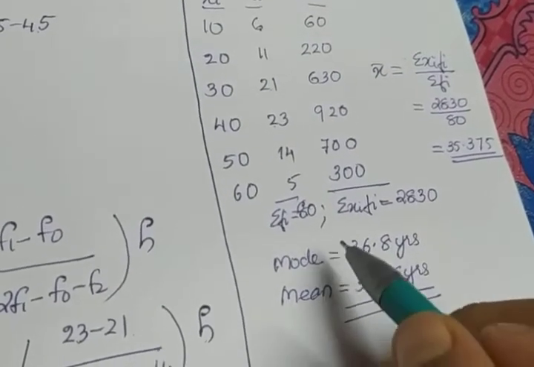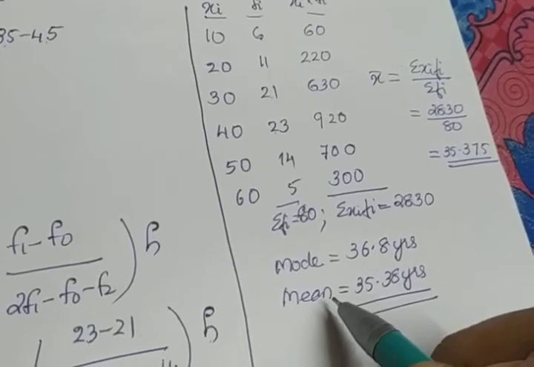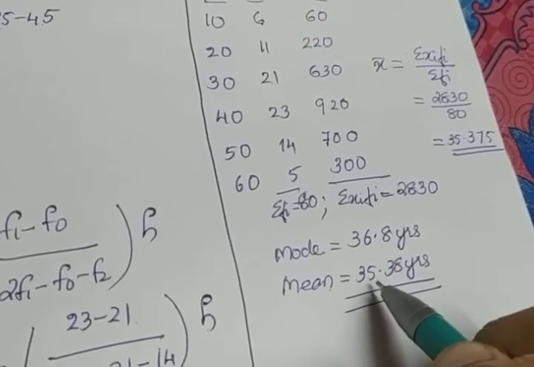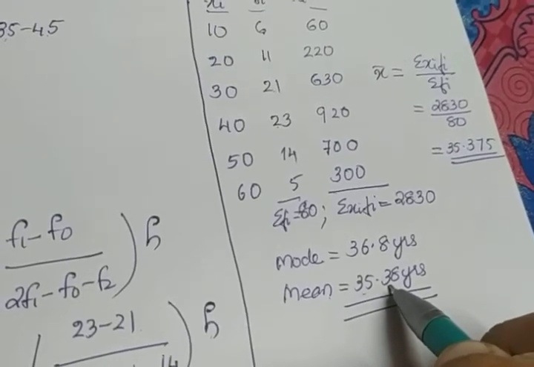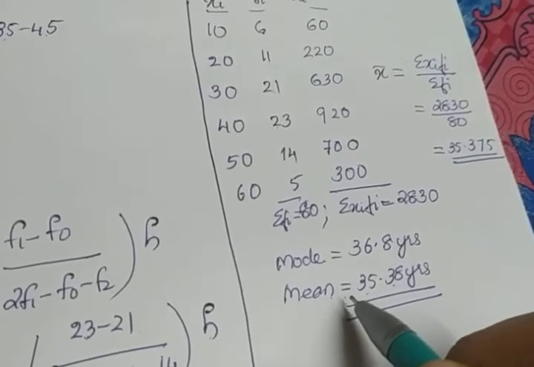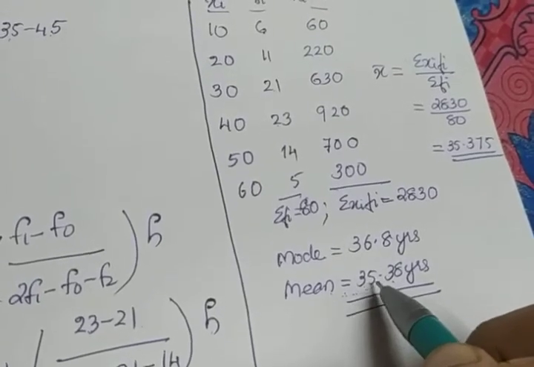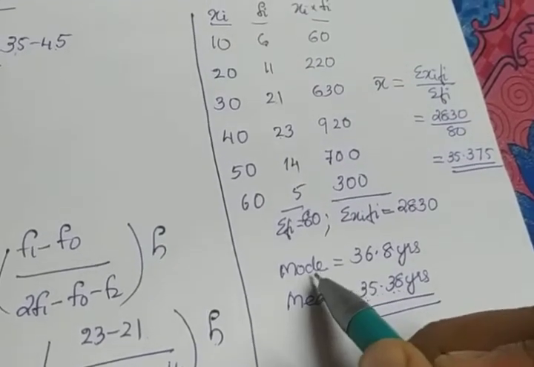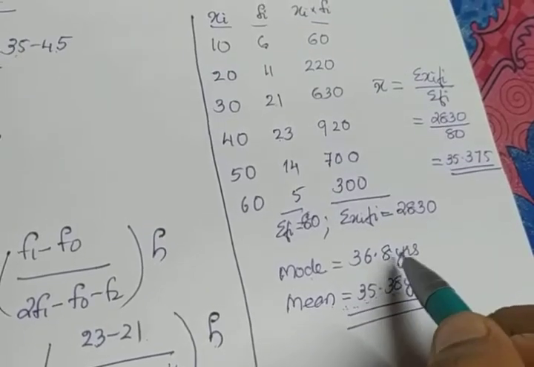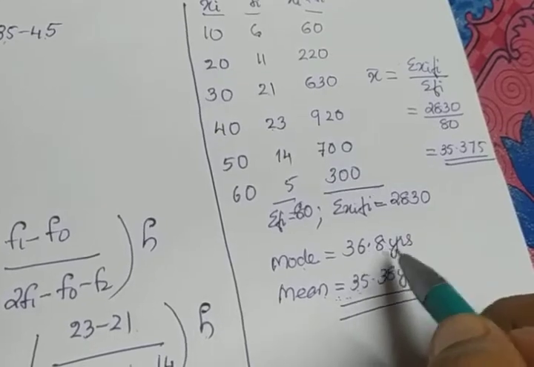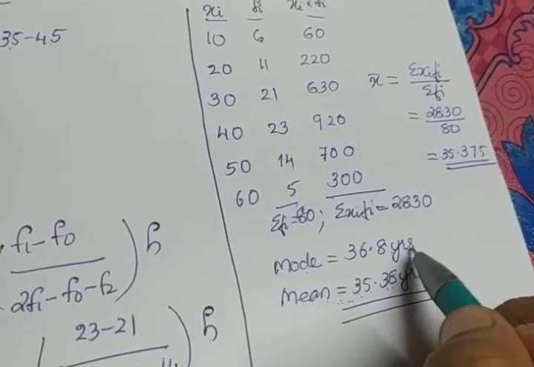That means, on an average, the age of a patient admitted in the hospital is 35.38 years. And if the mode value is 36.8, it implies that the maximum number of patients are of the age 36.8 years.